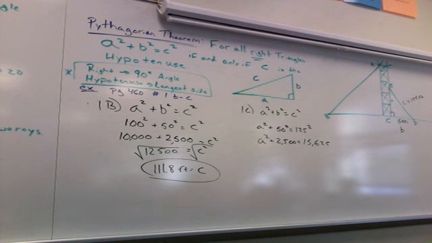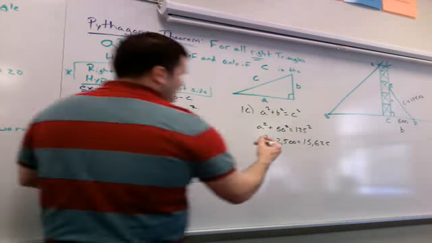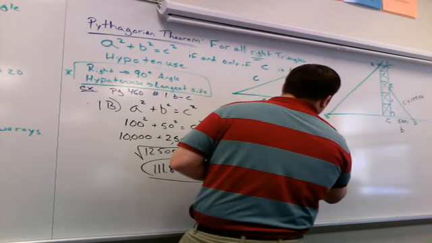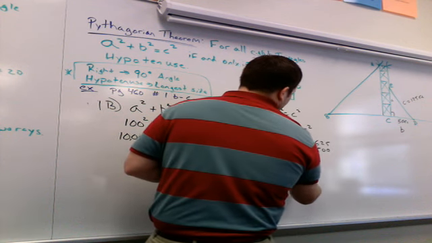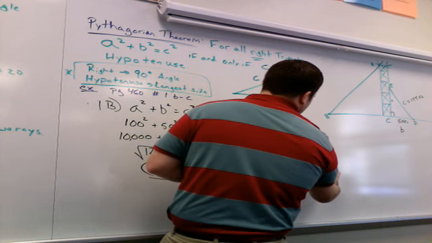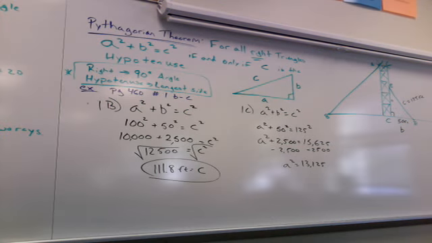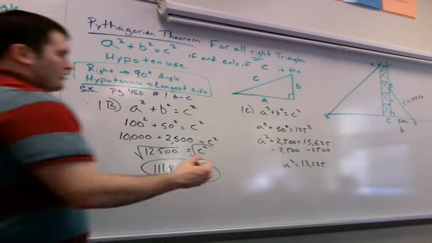Now, how do I solve for A? Good. Subtract 2,500. So then A squared equals 13,125, right? Yeah. Now what do I do? Square root, because we got to get rid of the squared, right? So square root both sides.